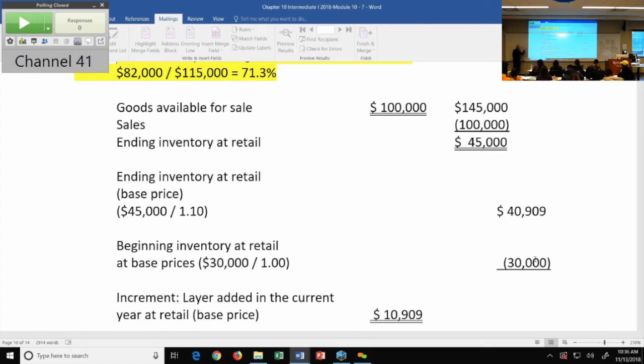So I've got this 30,000 and 45,000 at current prices. I've got to bring them to base year. So your goal is to get the increment or decrement at base year prices. And that actually has to be looked over.